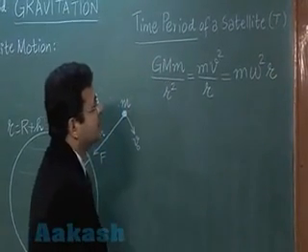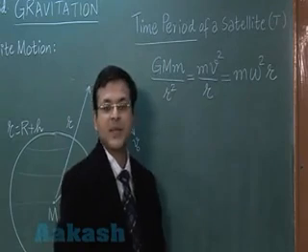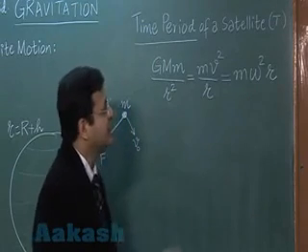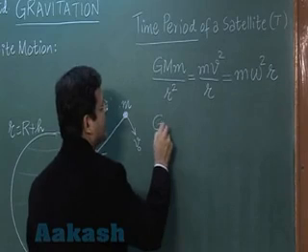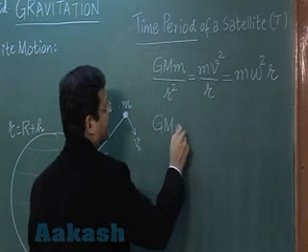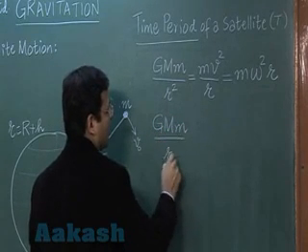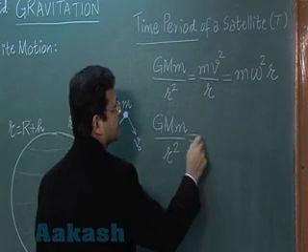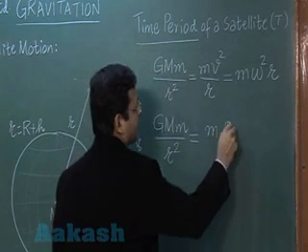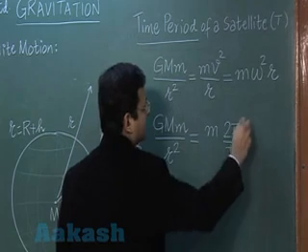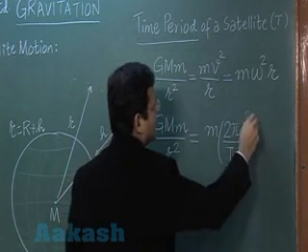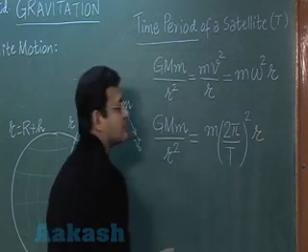And in case omega is replaced by the time period, then you can further write GMm upon r square is equal to m into (2 pi by capital T) whole squared into small r. You understand?